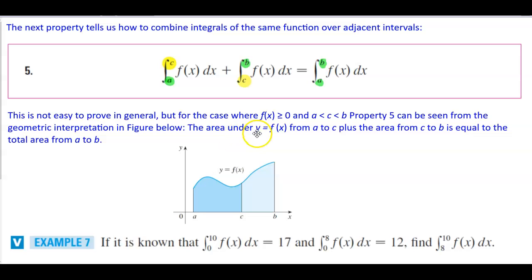The area under the curve y equals f(x) from a to c, plus the area from c to b, is equal to the total area from a to b. Again, notice that we have a to c, then c to b, and then we go from a to b to get that total integral.